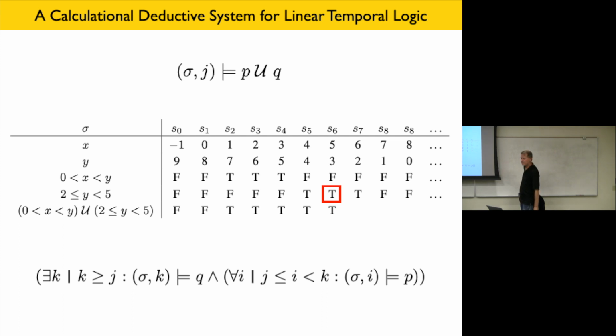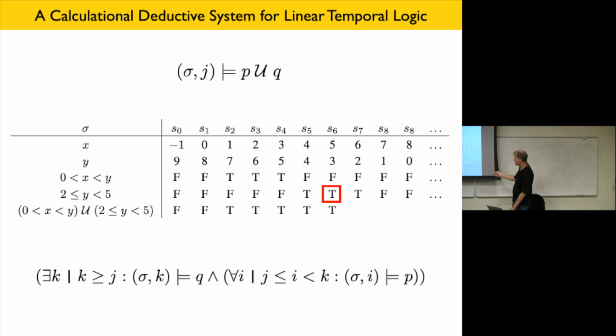There's a false at S5, and that's not... Well, before, when we were asking what is the value of P until Q at state 5, this is true because of this empty range rule.